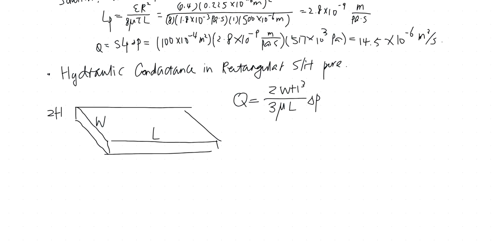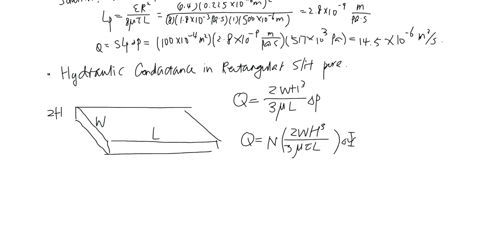We get Q equals N multiplied by 2wh cubed divided by 3 mu L, multiplied by delta P. The reasoning is exactly the same as what we discussed for a cylindrical pore.